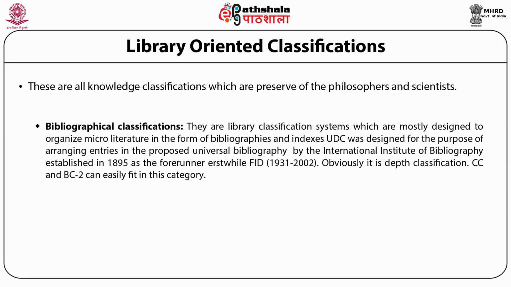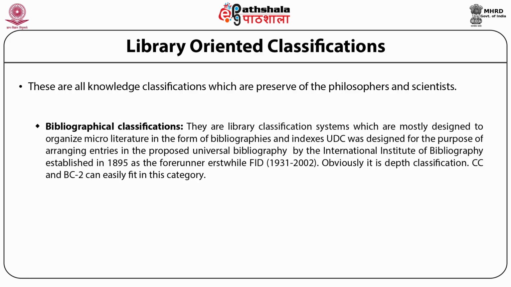The first, bibliographical classifications, are library classification systems which are mostly designed to organize microliterature in the form of bibliographies and indexes. The Universal Decimal Classification was designed for the purpose of arranging entries in the proposed universal bibliography by the International Institute of Bibliography, established in 1895 as the forerunner of FID. Obviously, it is a depth classification, and this UDC was not designed to be used as a shelf arrangement.